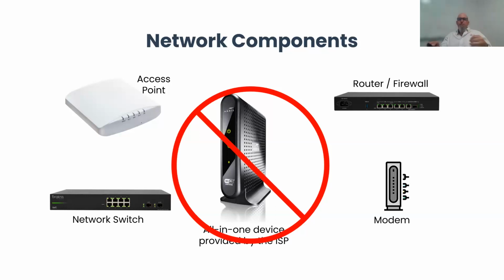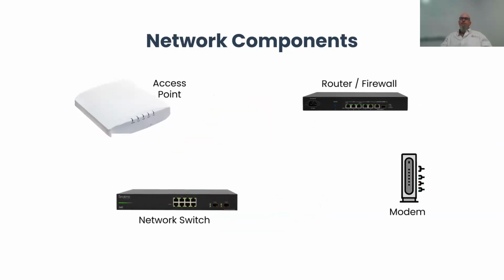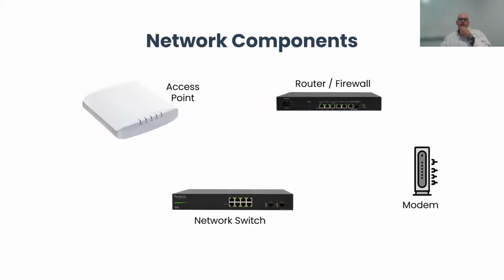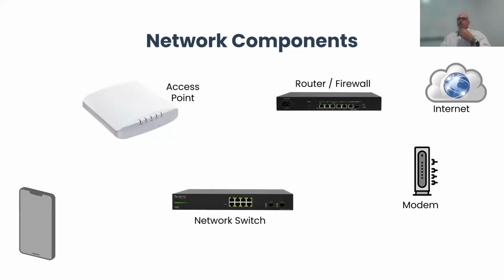Let's begin with a brief overview of how each of these components moves data through a network. So let's say your customer has a smartphone and they're trying to watch a video on the internet. The smartphone communicates over Wi-Fi to an access point. An access point is a device that bridges wireless Ethernet communication to hardwired Ethernet communication.